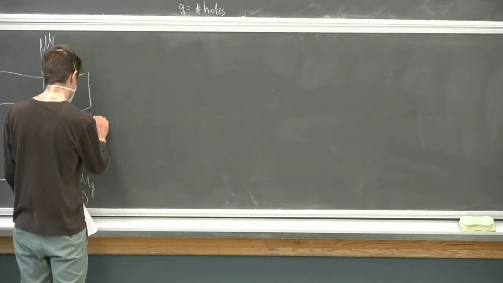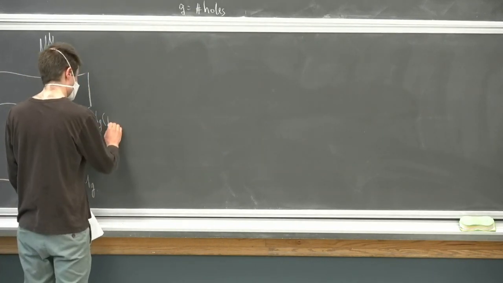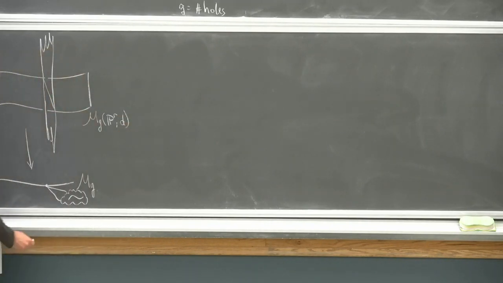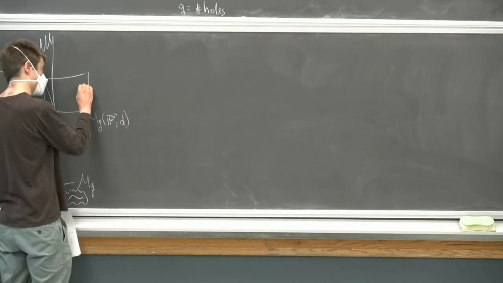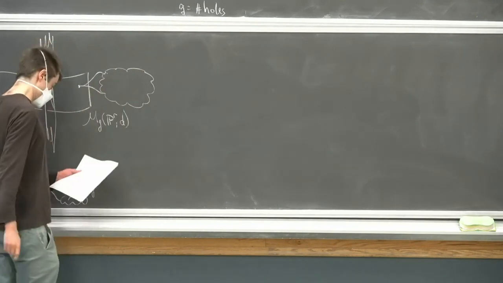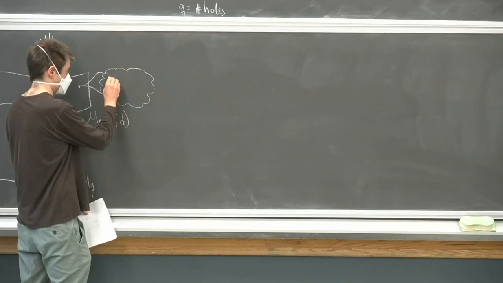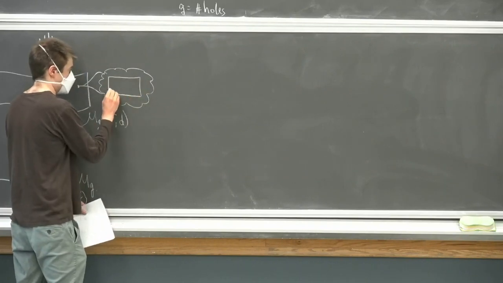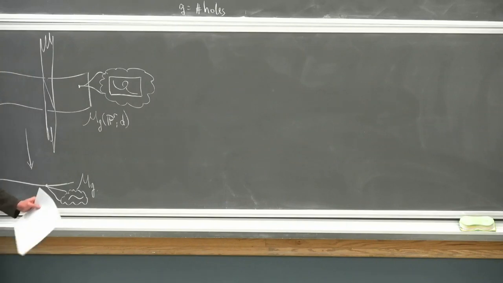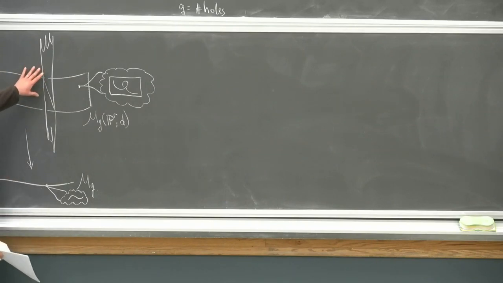So this is my cartoon picture of M_G P^R D. What the points of this space parameterize is an embedding of a given curve into projective space. And I've drawn this as a somewhat funny looking space, whereas I've drawn this as a nice looking space, and that's intentional.